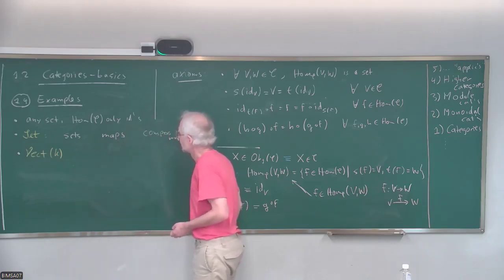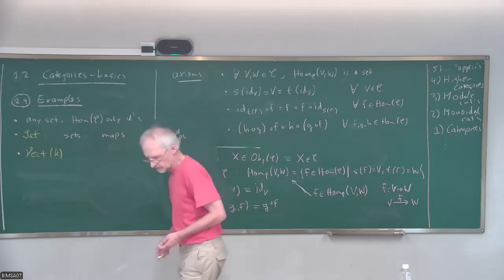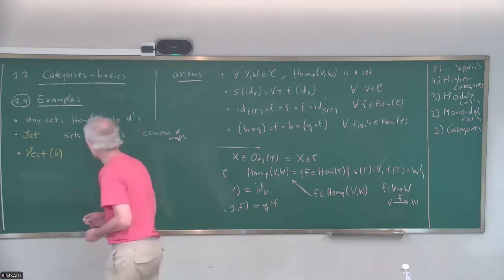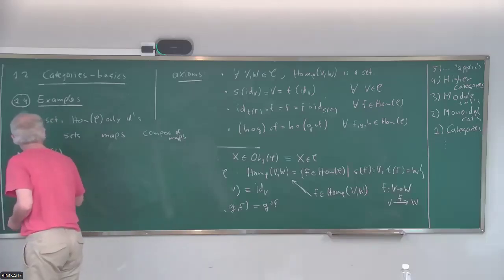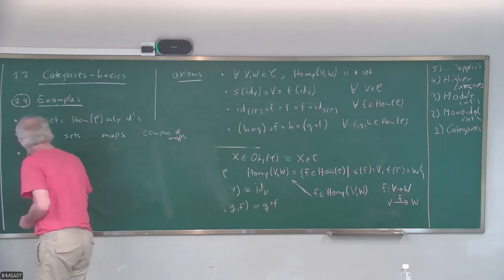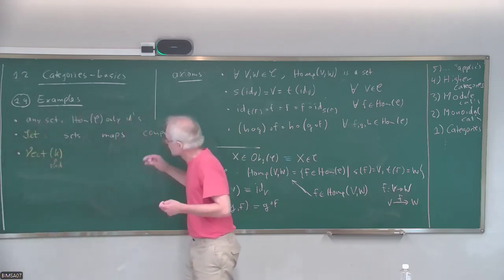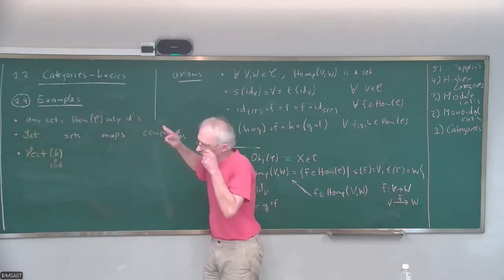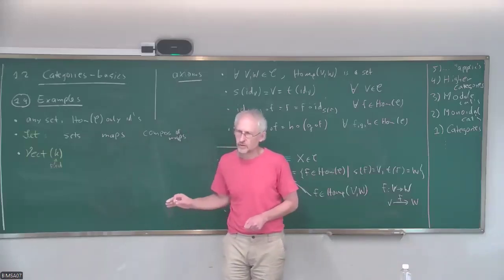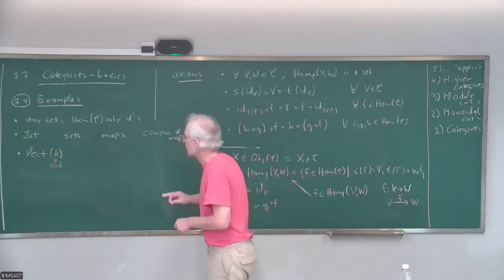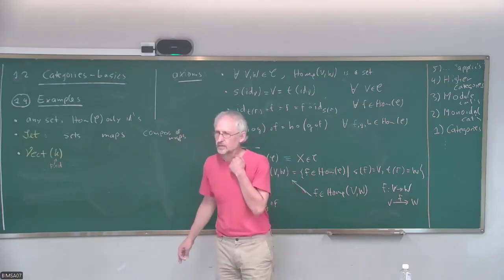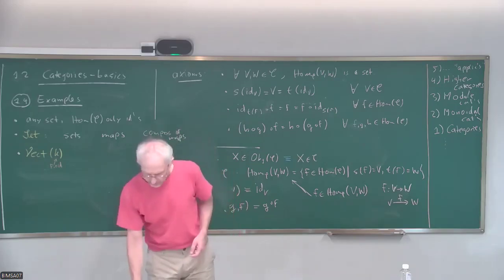Other examples of this type, a very important type of category that we will deal with in much detail later on, is given some field K. I should say when I talk about a field K, unless I say otherwise, I will assume that it's algebraically closed. Just because if you do not assume that, then you have to be careful at some consideration.